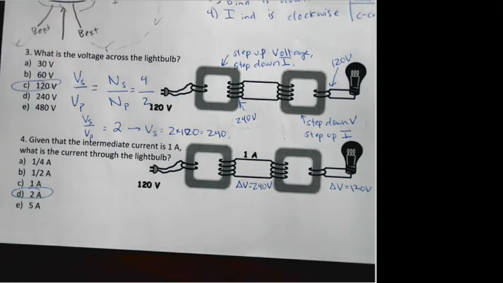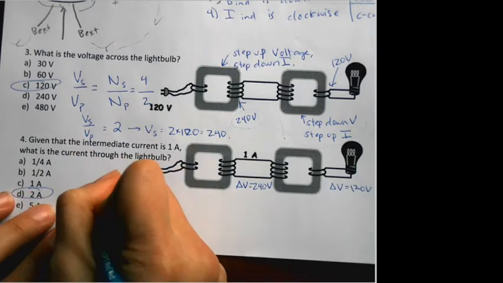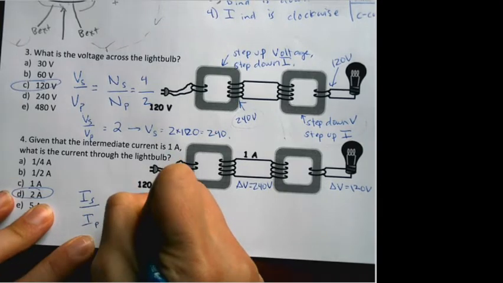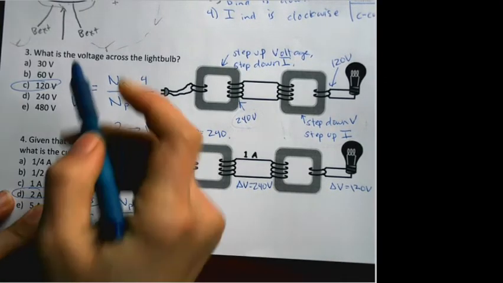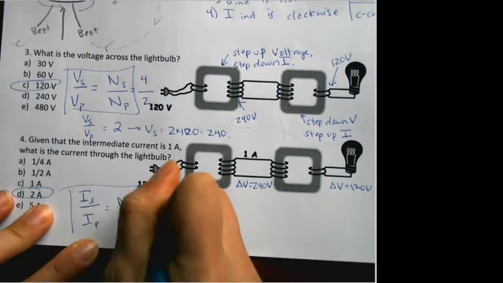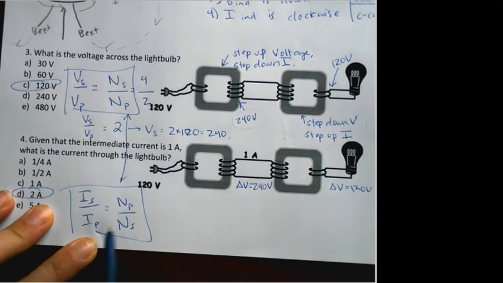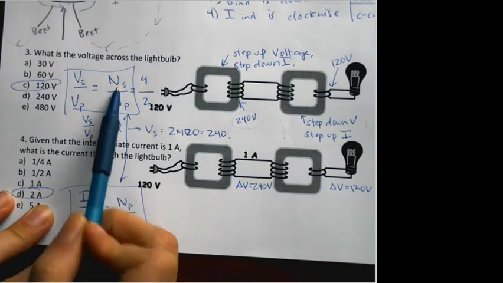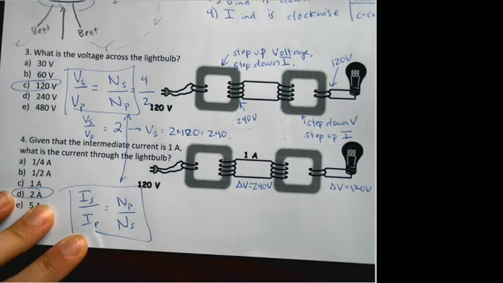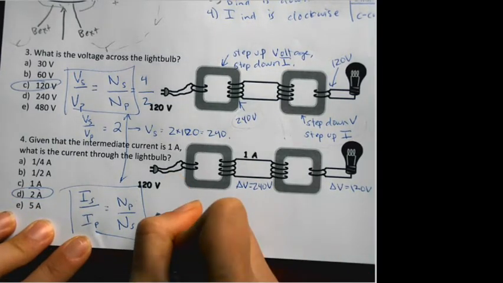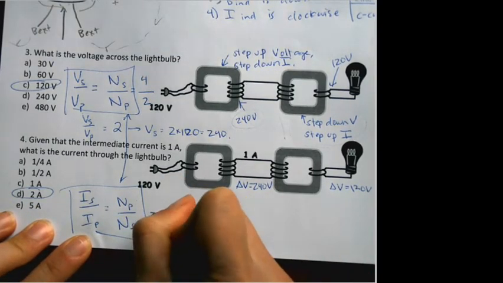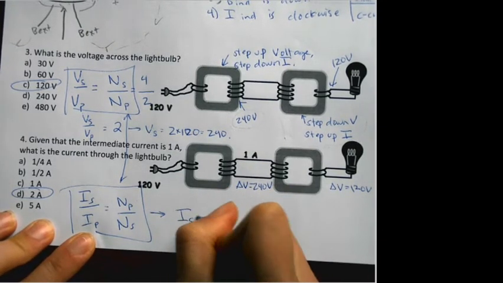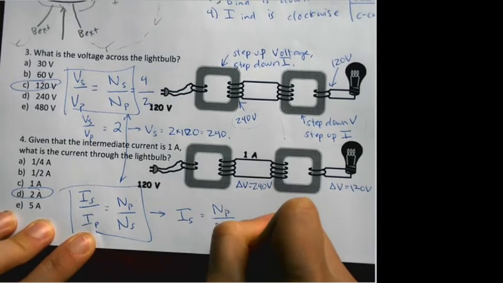But using the equation sheet, you could also look at Is over Ip equals Np over Ns. These two equations have a very similar form: S over P and S over P. But this one is a secondary over a primary, and this is a primary over a secondary. So we solve for I of the secondary, which is Np over Ns times Ip.